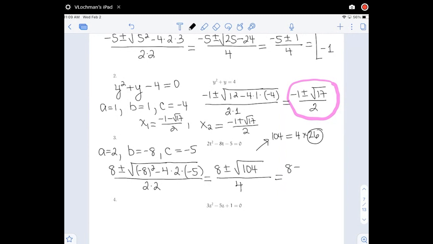So this is 8 plus or minus 2 root 26 over 4. Okay, and we can reduce this by 2. That will give us 4 plus or minus root 26 over 2. Okay, so we do want to reduce it, simplify it as much as possible.